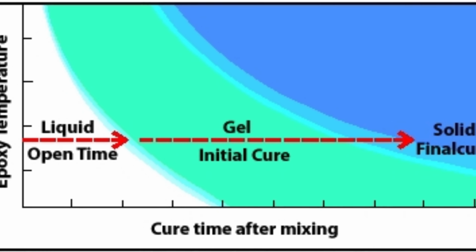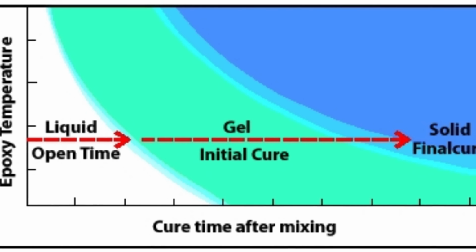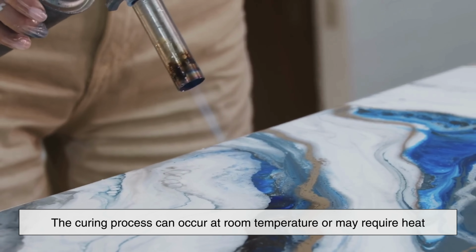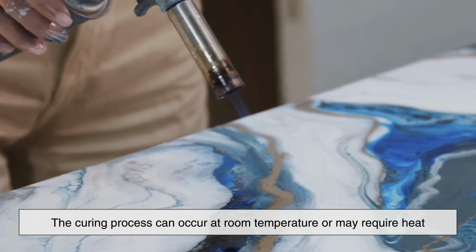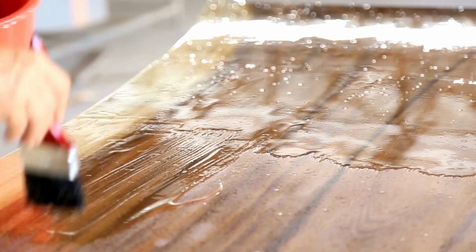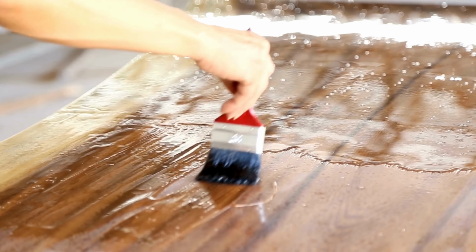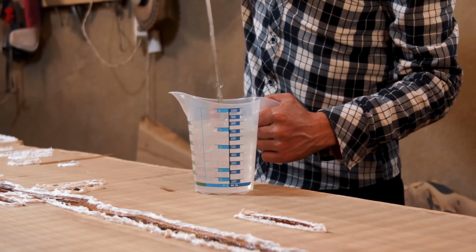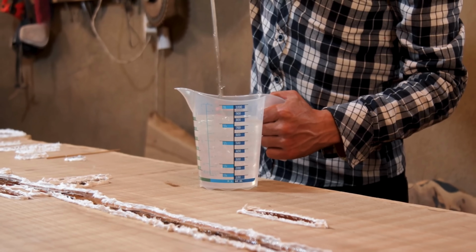Once the resin has been properly mixed with the curing agent, the next step is to allow it to cure. The curing process can occur at room temperature or may require heat, depending on the formulation of the resin. Some resins are designed to cure very quickly, while others are designed to remain workable for a longer period, which allows the user more time to manipulate and apply the resin.